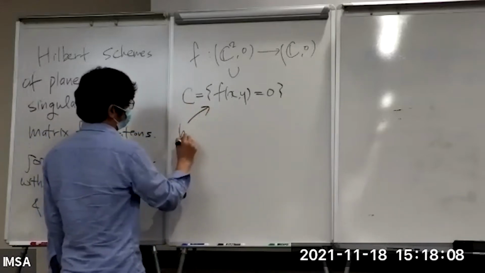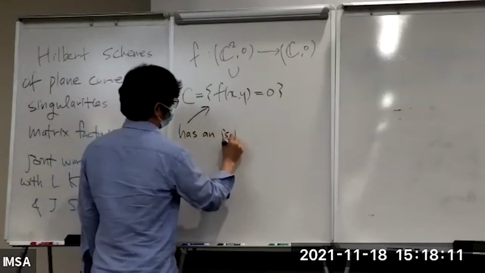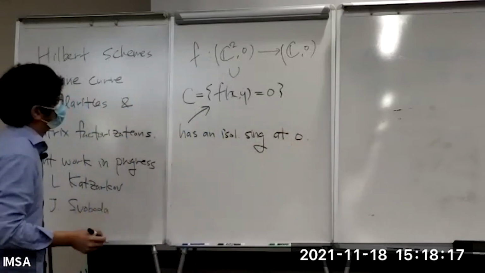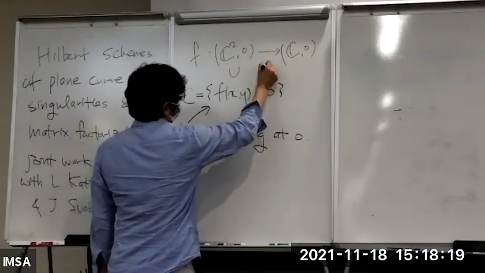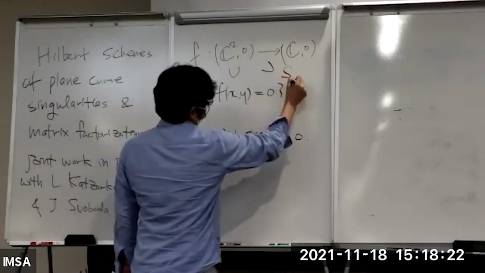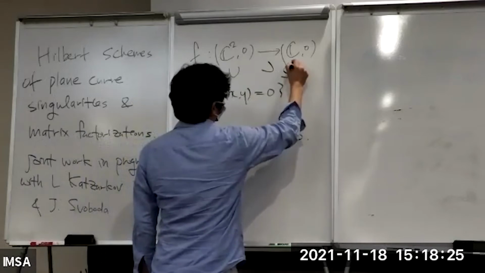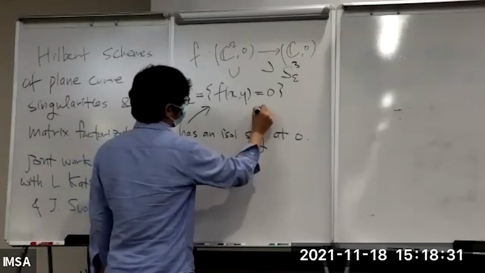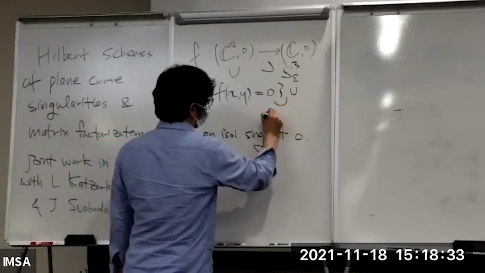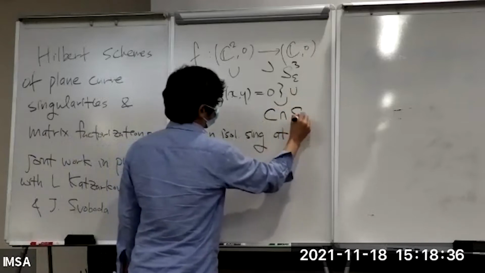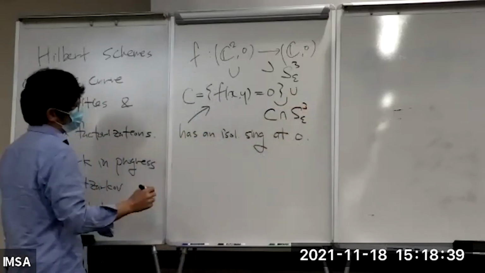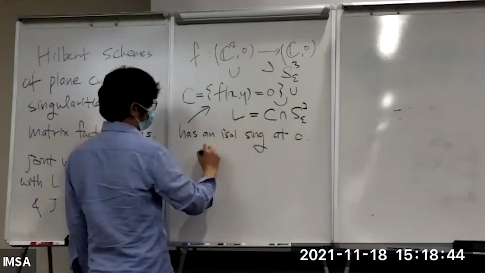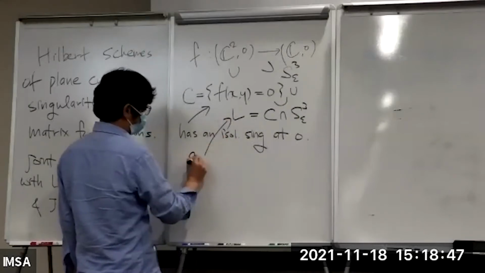Then I consider a small ball around the origin, and I consider the intersection of C with the boundary sphere. This gives me a knot or, in general, a link. Let me call it the algebraic link.